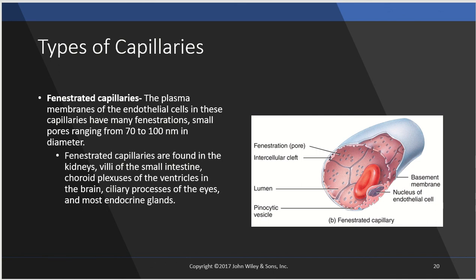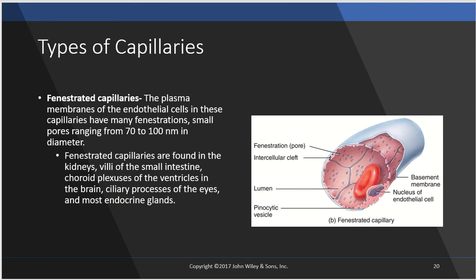Our next type of capillary to discuss is the fenestrated capillaries. This is where the plasma membrane of the endothelial cells has fenestrations, which are basically just small pores. You can see here the little fenestrations, little holes or pores in the vessel, and these are between 70 and 100 nanometers in diameter, so they're quite small.